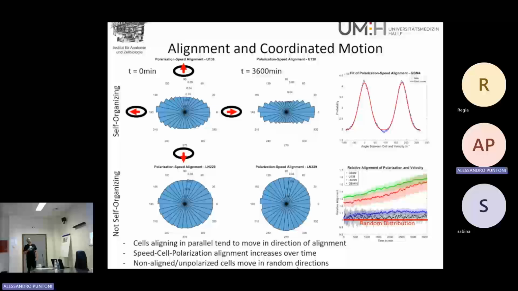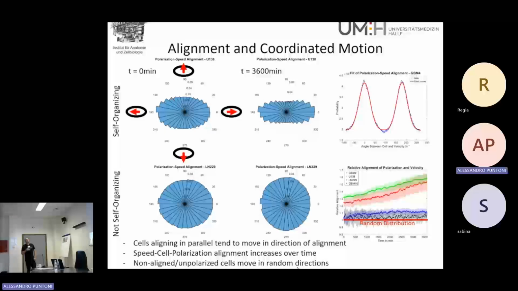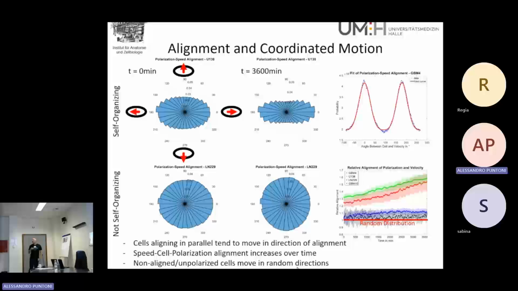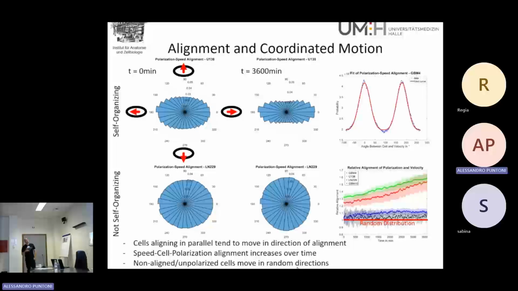You can see already at the time point of 0 that more velocity vectors were oriented in the direction of the orientation of the cells than in the perpendicular direction. And over time, this alignment only increases.